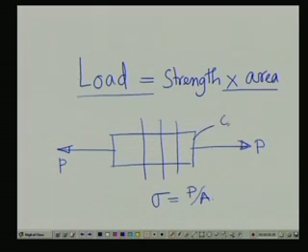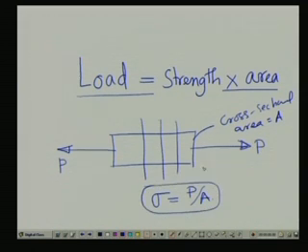A is the cross sectional area. So you understand sigma equals P divided by A. Or, the other way, if we write it in this manner, then P comes out to be sigma multiplied by A.